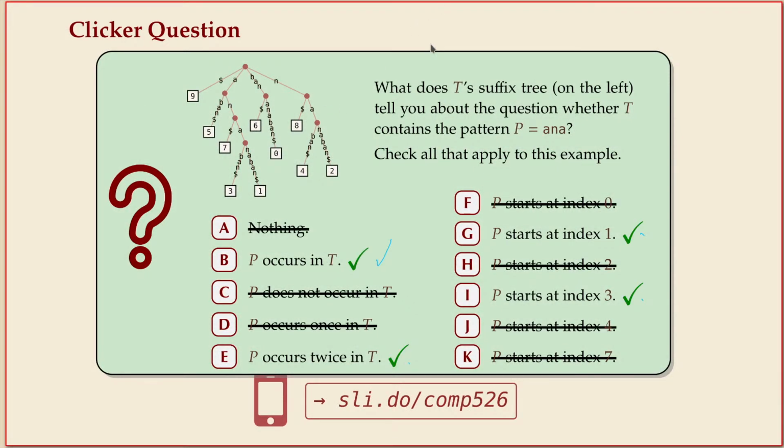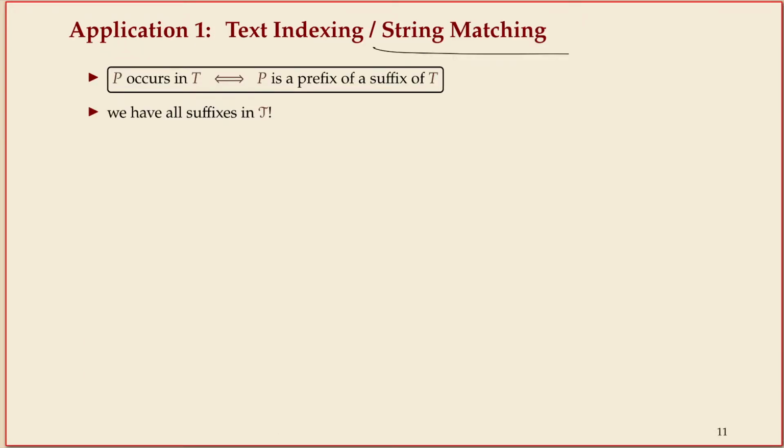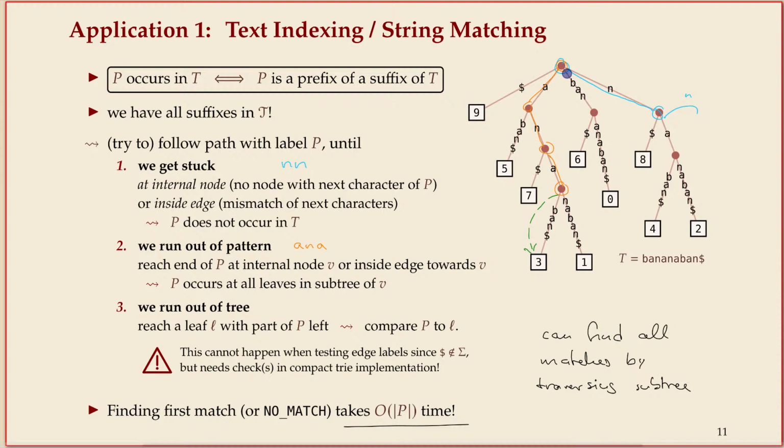As I said, we discussed this in detail, so I don't want to go over it in full detail. But on the example here, we have the same tree on the next slide, right? So if I want to find all matches of A and A, I have to traverse with A and A. I'm ending at an internal node in this case. That means there is an occurrence.